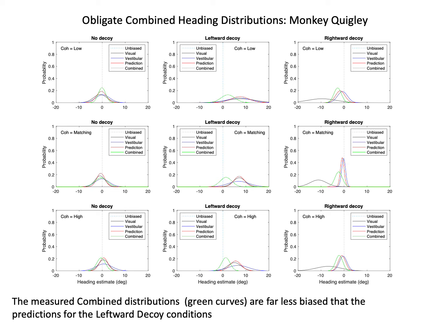Although they are not too far off for the no decoy and rightward decoy conditions, the empirical distributions show much less bias than the obligate Bayesian predictions for the leftward decoy conditions, plotted in the center column.